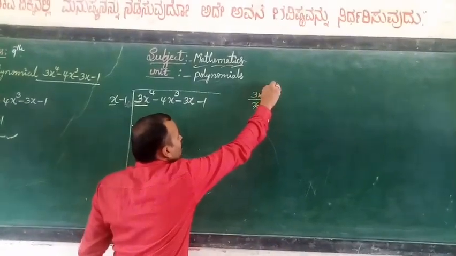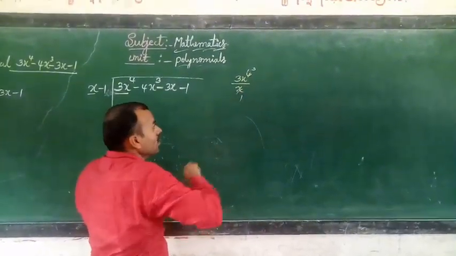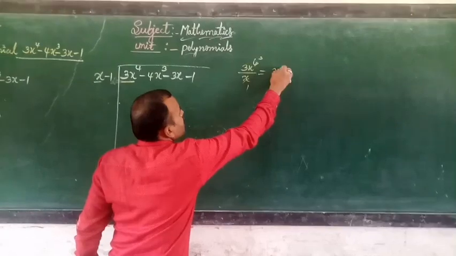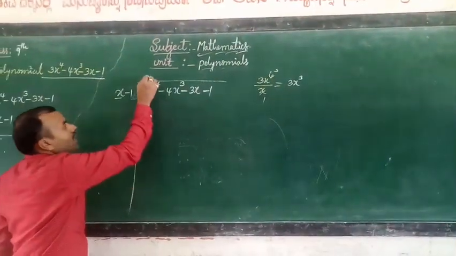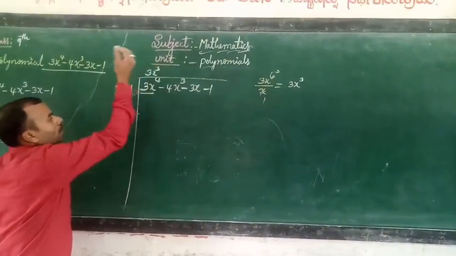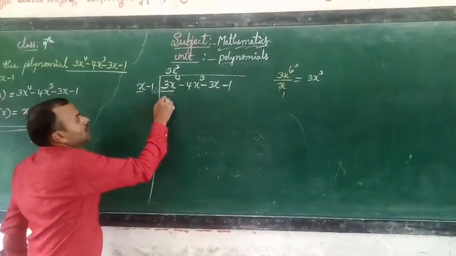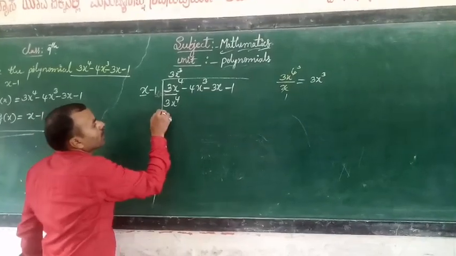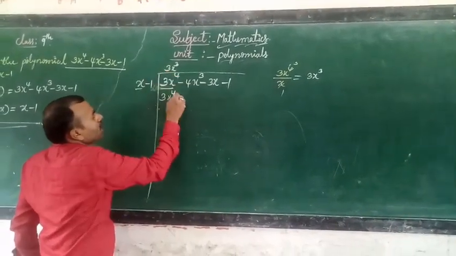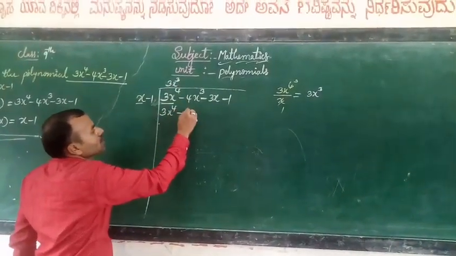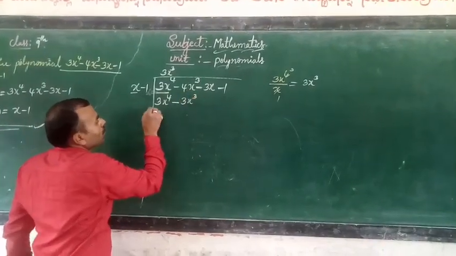x once, and 3x remaining, so it is 3x cube. Here 3x cube. Multiply 3x cube into x, it is 3x to the power of 4. Minus into plus, minus 1 into 3x cube, minus 3x cube.